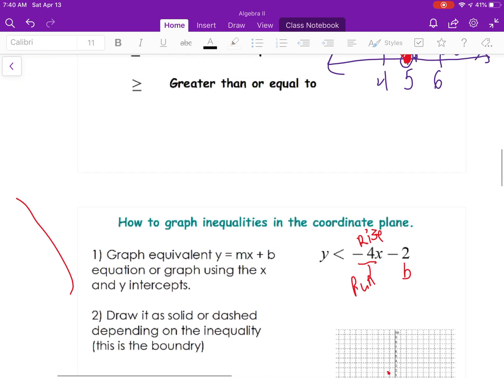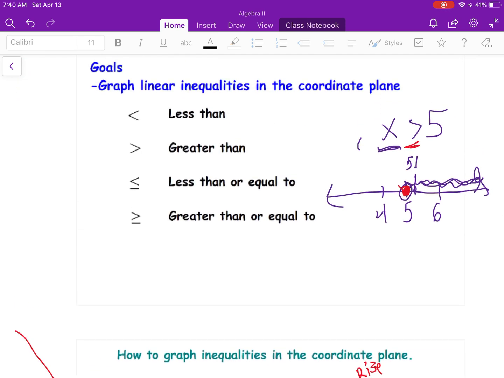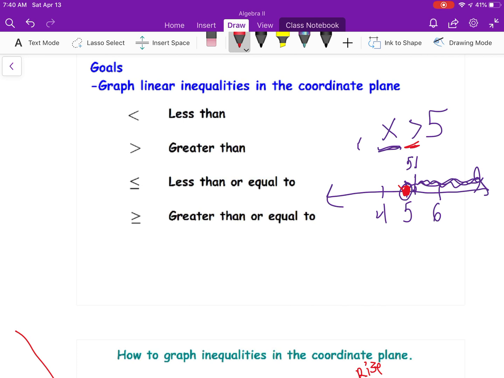Where I have to make my decision is depending on the inequality that I've got. So I'm going to draw either a dashed line or just a normal solid graphed line. The reason I put this circle on my number line for x is greater than 5 is it was a boundary.